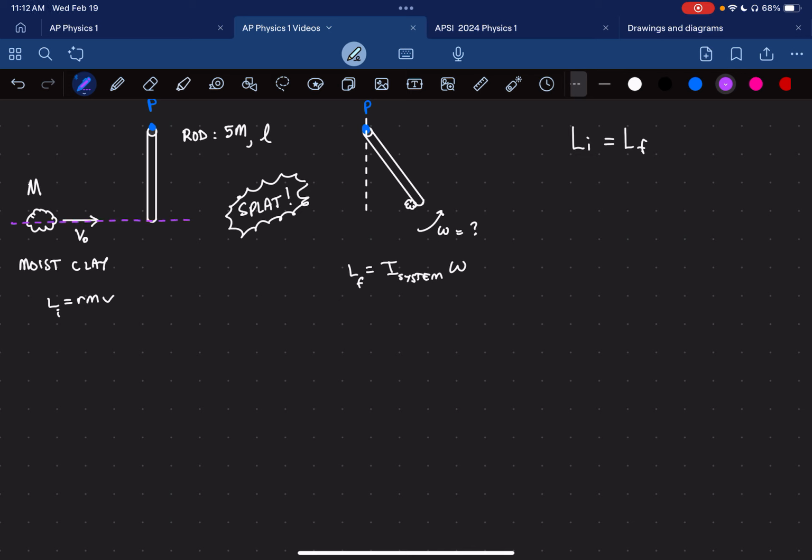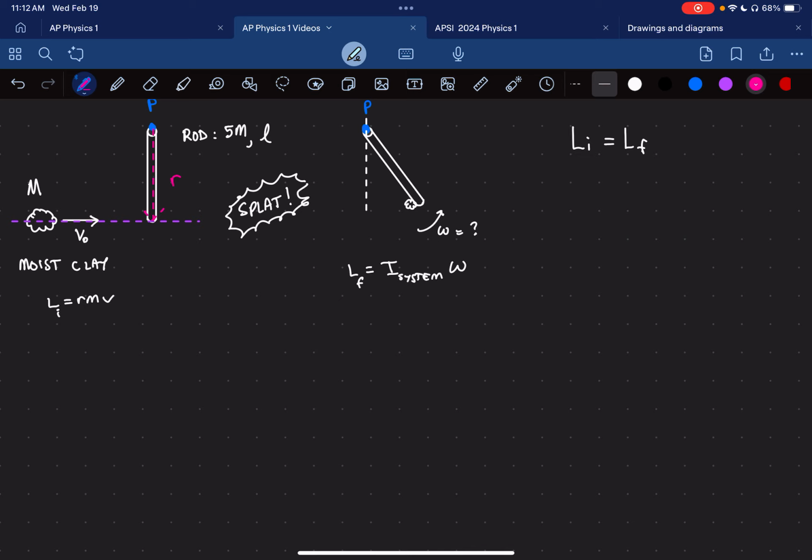We need to draw a line of action of V naught. And then we're going to draw R from the axis of rotation to the line of action of V. You can go back to the last video and see what we're talking about here.